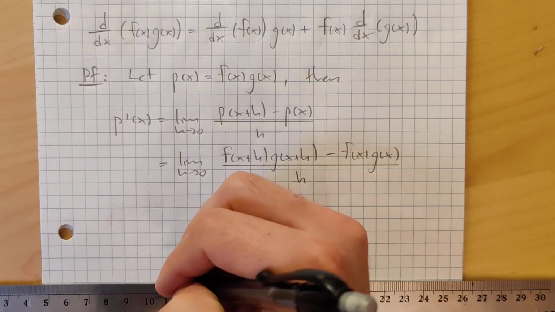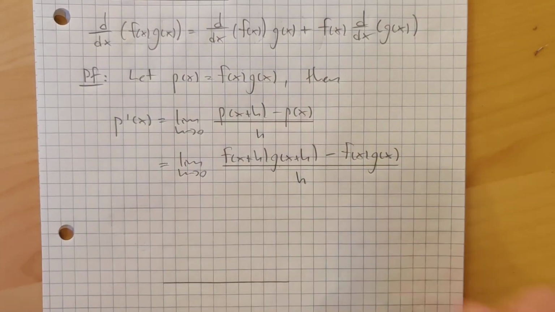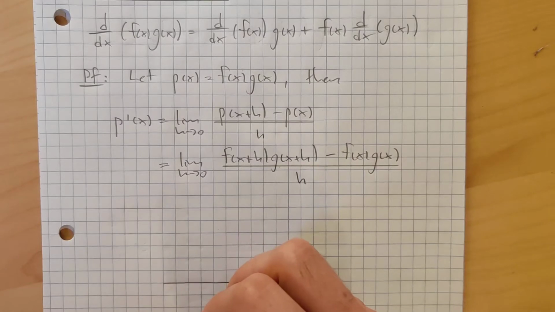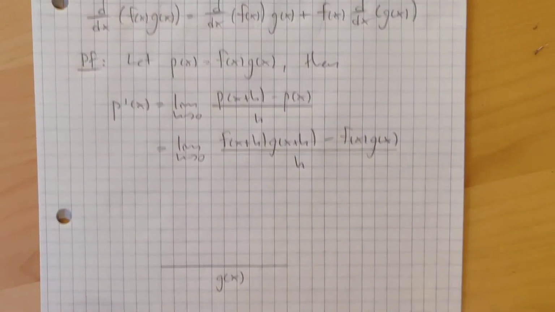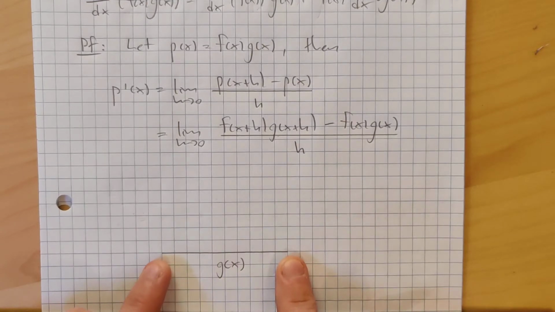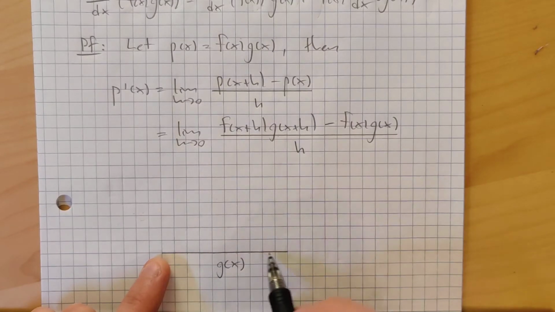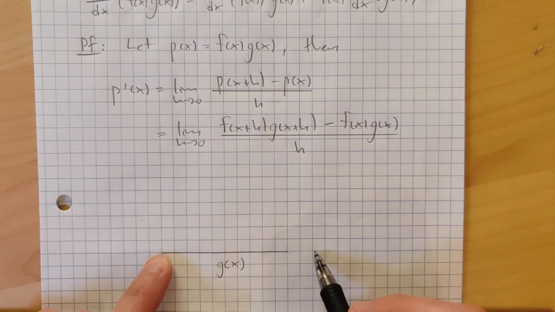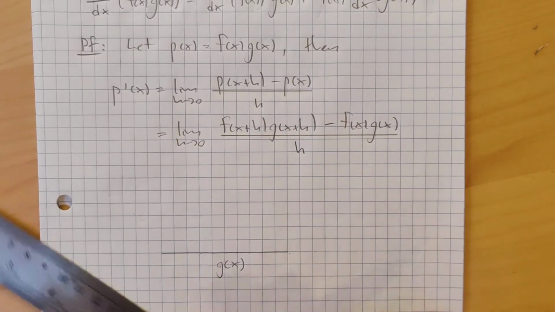Let's draw this length to represent, let's do g first. Let's say g of x. So that distance right there is g of x. So here I could say 1, 2, 3, 4, 5, 6, 7, 8. Maybe g of x is 10. And if g of x is 12, then I draw a longer line. If g of x was 3, I draw a short line, and so on. That's the idea here.